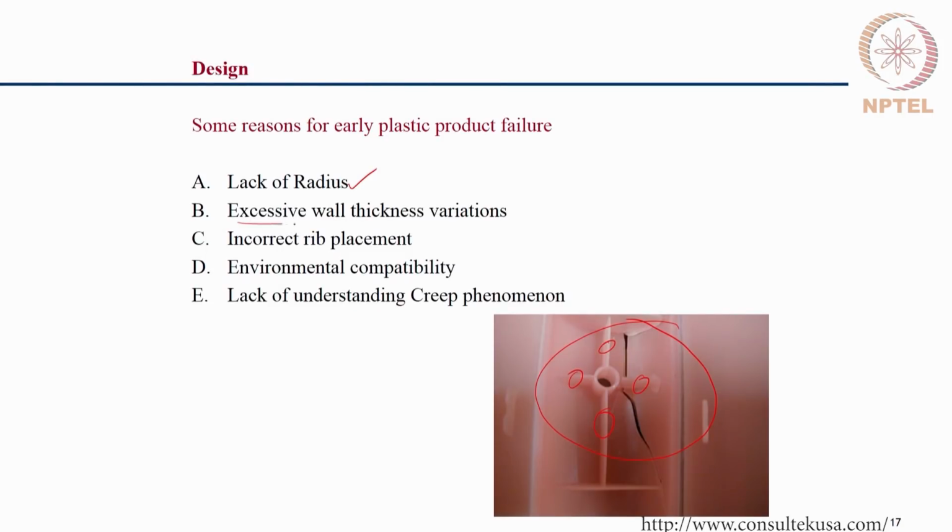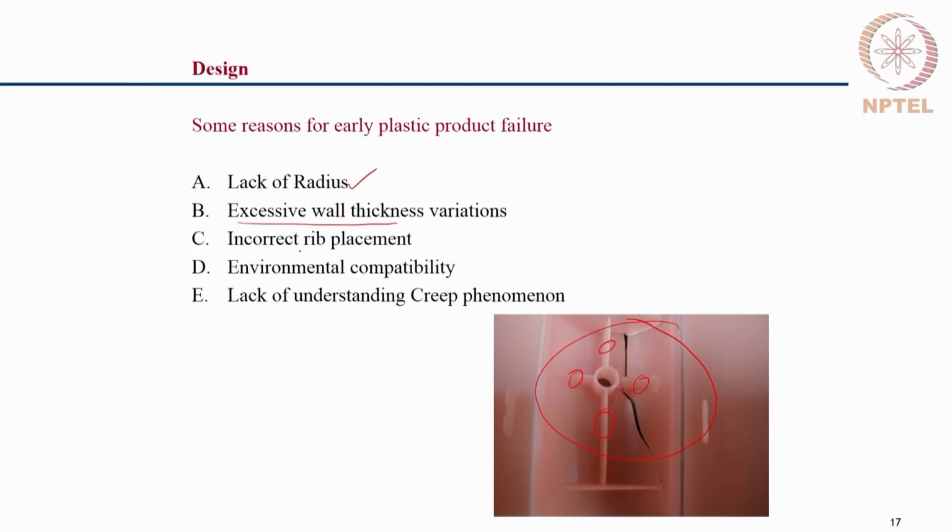It could also be because of excessive wall thickness variation. Because of the change in the wall thickness, the material may not flow completely into some parts, or there could be differences in the stress which could lead to the failure.